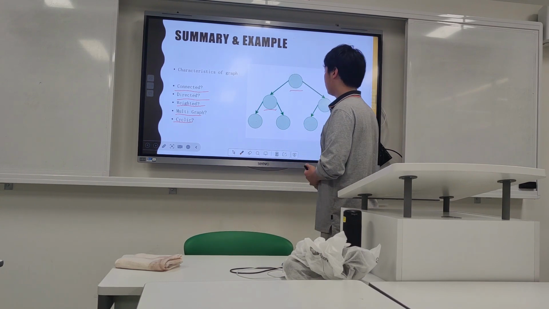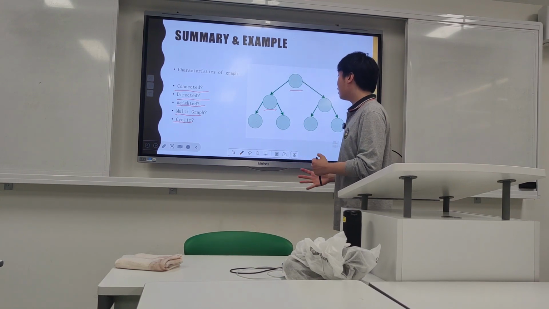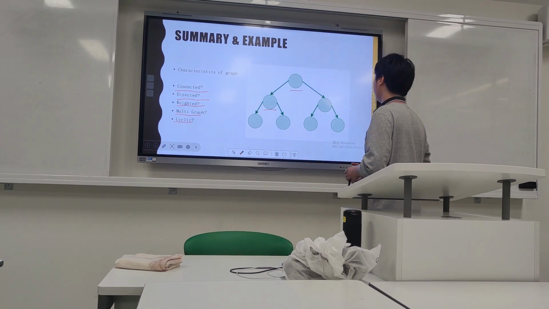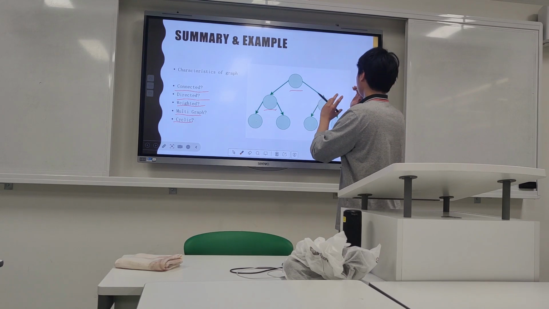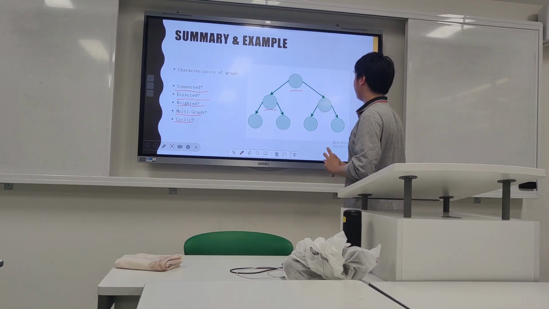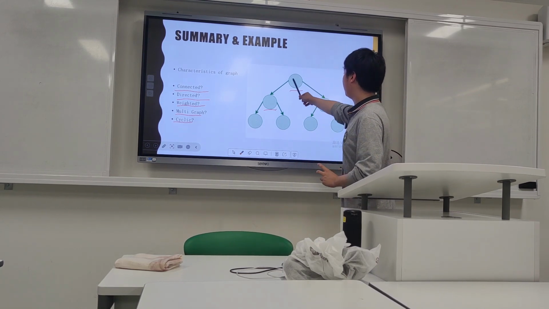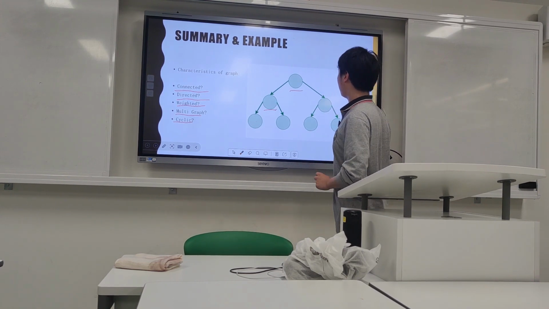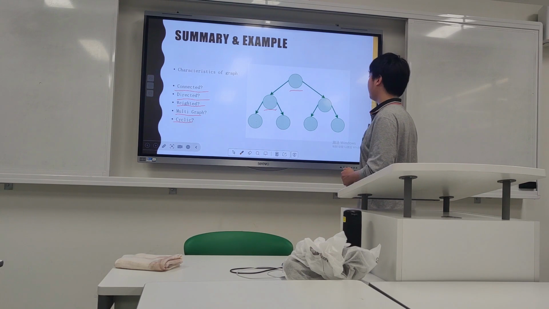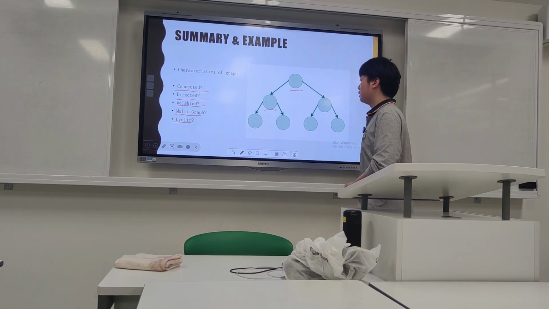And weighted. The tree graph is usually not weighted because you just describe the relationship between the father node and its children nodes or the subtrees, whatever. So we don't give the edges inside the graph a specific weight.